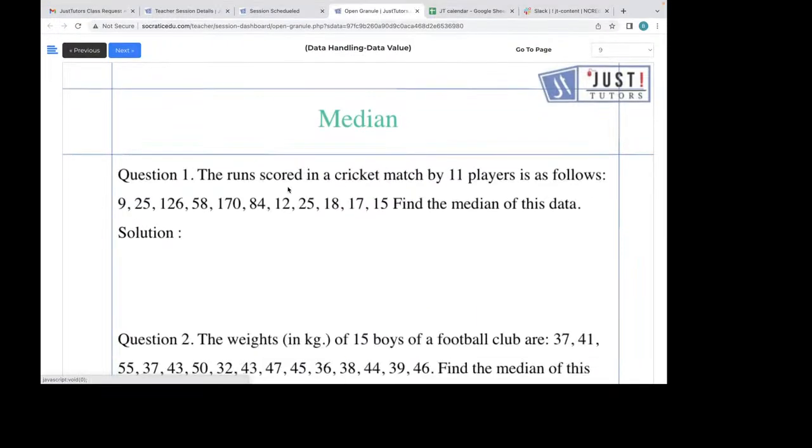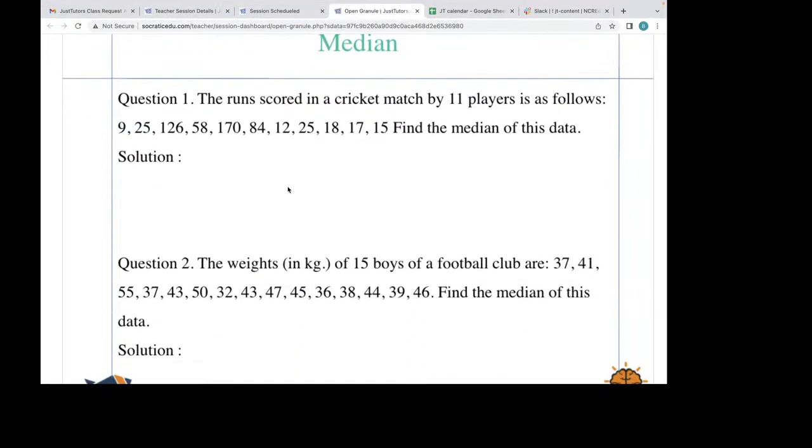Now let's move on to the example which we have to do. So the first example is: the runs scored in a cricket match by 11 players is as follows. The first set of data is the runs scored by 11 players in a match.